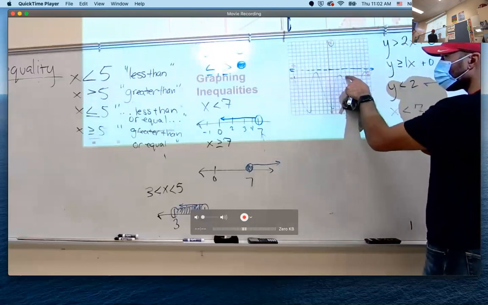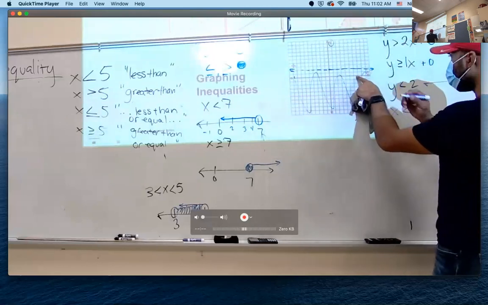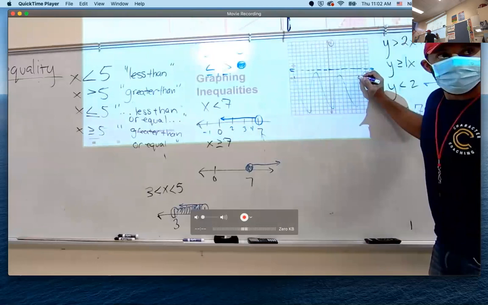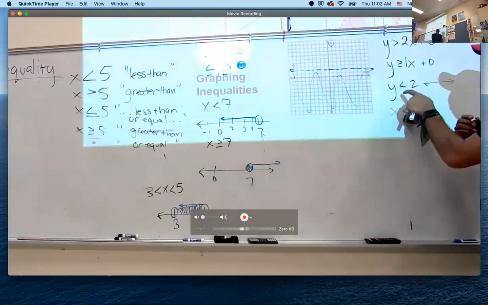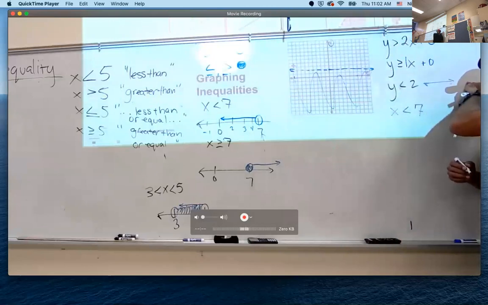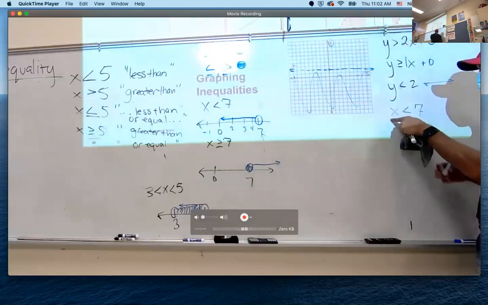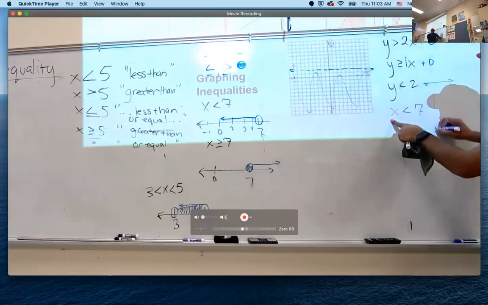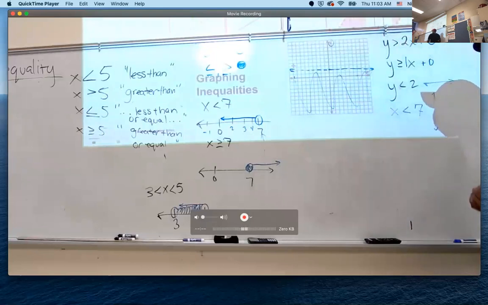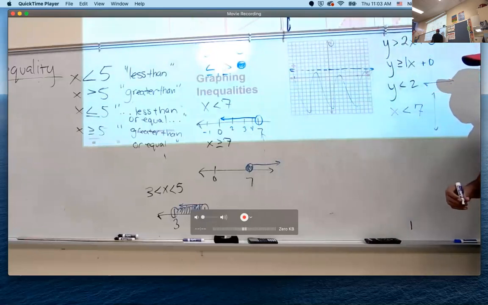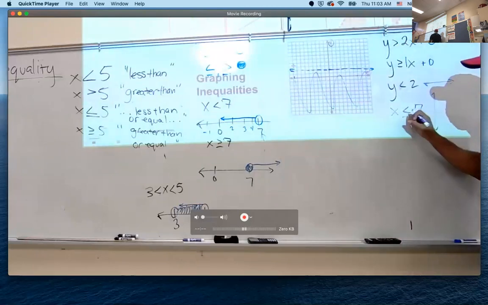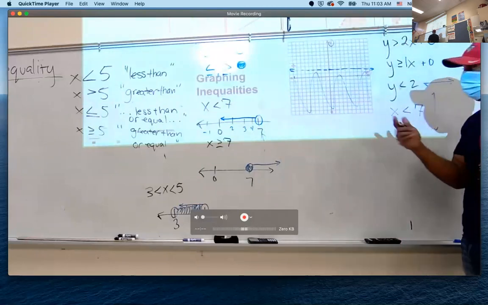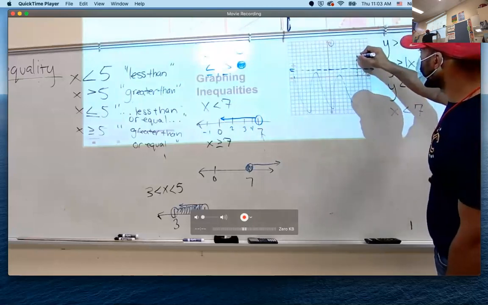So 1, 2, 3, 4, 5, 6, 7. But I don't put an open dot. Instead, just like y is a flat line this way, x is a vertical line up and down. Let's say I put an equal sign to be solid, or dashed, that's the same. So I'll make it dashed.